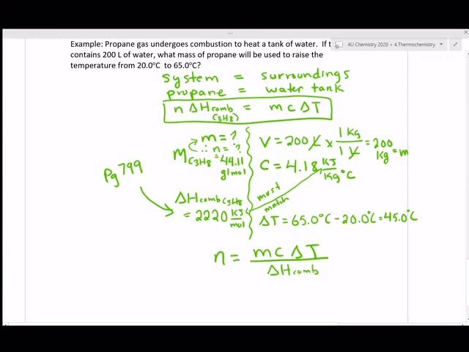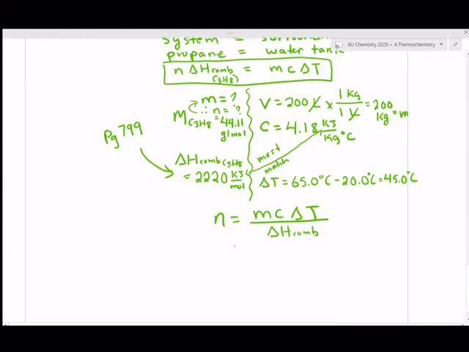Okay. So now we'll plug in our numbers. So we've got 200 kilograms. Oh, and I guess the other thing is I could just make a little arrow here just to show kilograms matched, kilojoules matched. So everything has to be lined up. And that's going to be times 4.18 kilojoules per kilogram degrees Celsius.